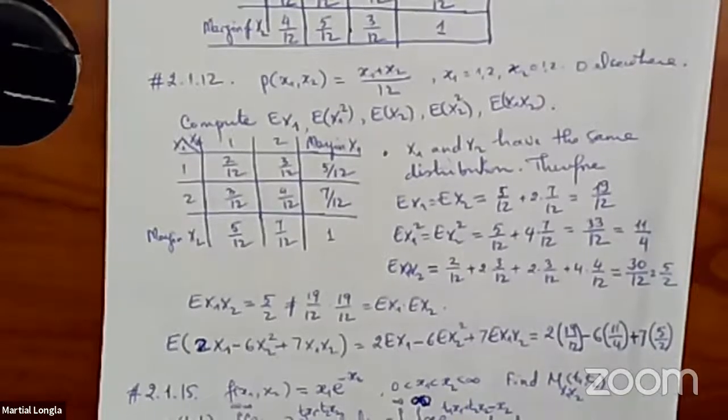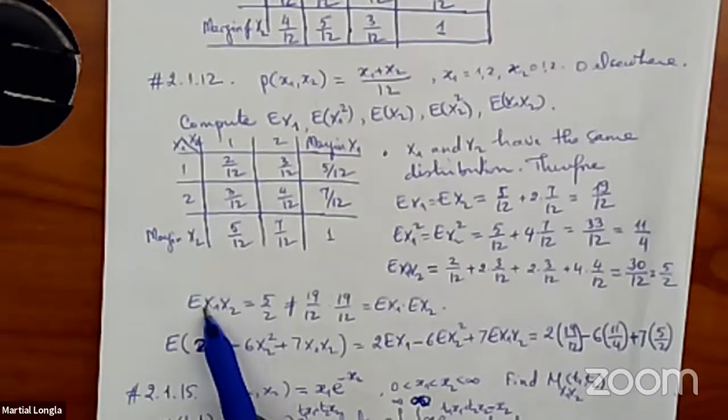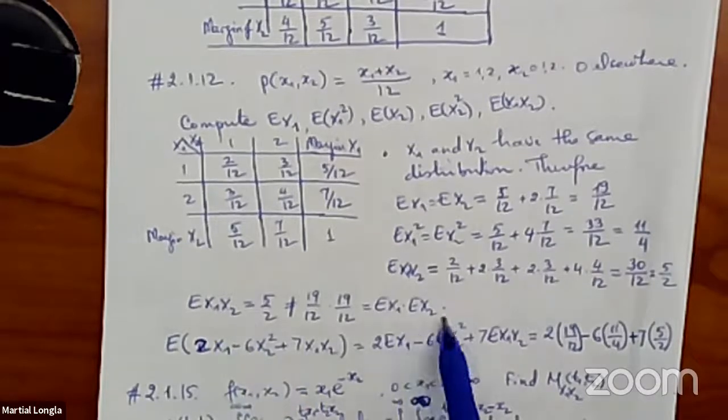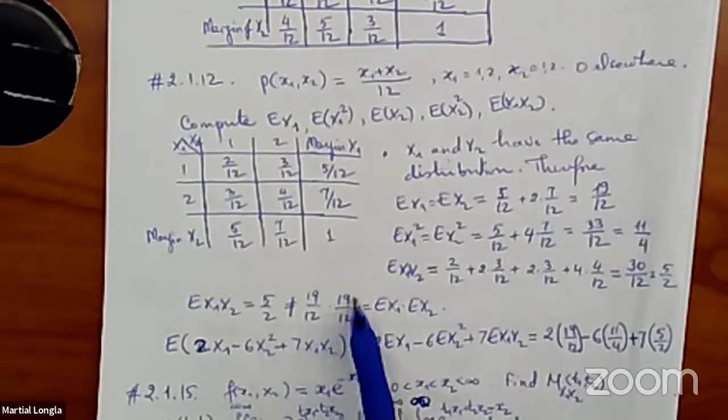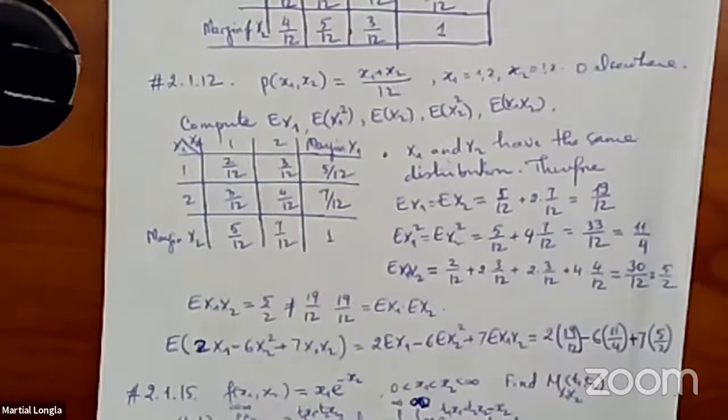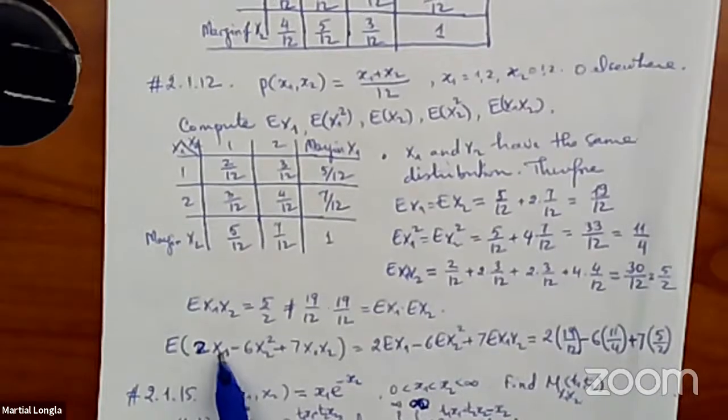Once you're done doing that, they're asking you to say whether expected value of x1 x2 is equal to the product. That it's obvious, 5/12 is not 19/12 times 19/12. Now the last part, you didn't need to go compute it because this is made of things that you know.